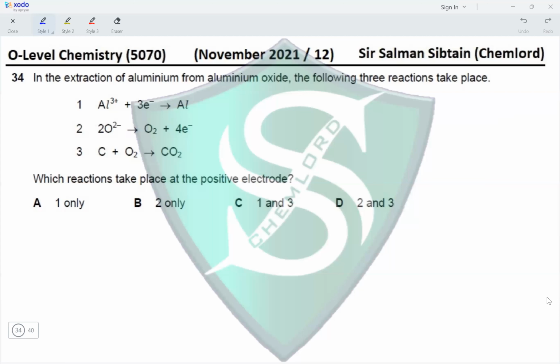So the carbon electrodes react with oxygen and are converted into carbon dioxide. So carbon dioxide is removed and this results in the electrodes being required to be replaced. So reactions 1 and 3 would happen. And reactions 1 and 3 are the options in D, making D the correct option for this question.